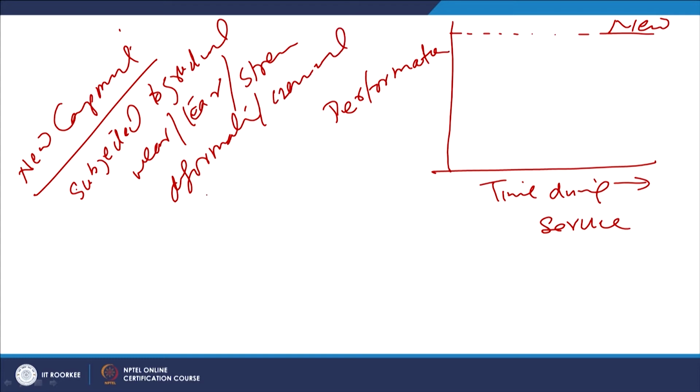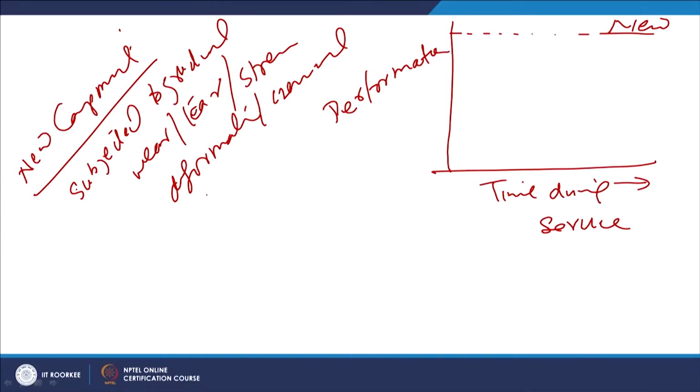So, because of these experiences by the component, there is a continuous decrease in the performance of the component. If we see that performance as a function of time, with the increase in service period, there is a continuous reduction in the performance of the component.